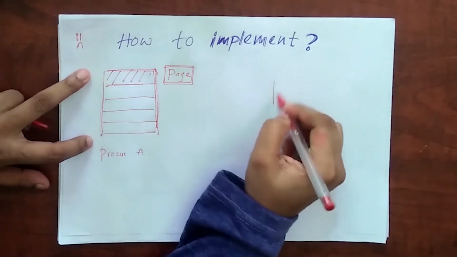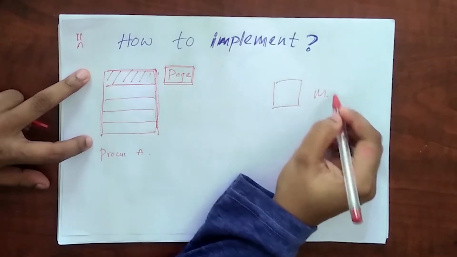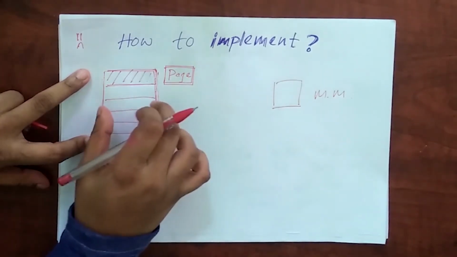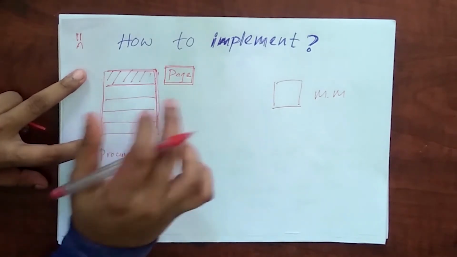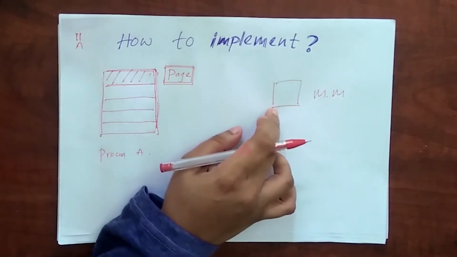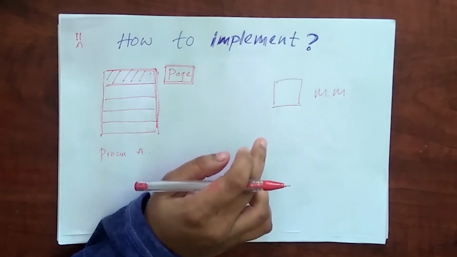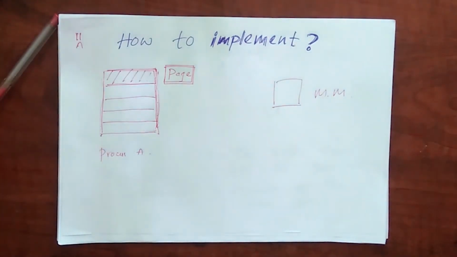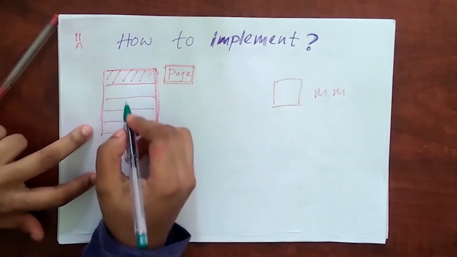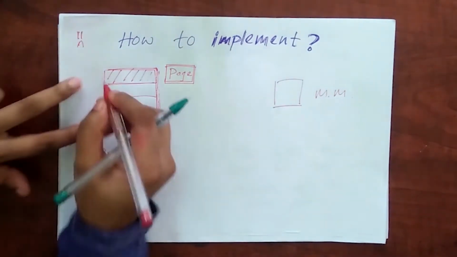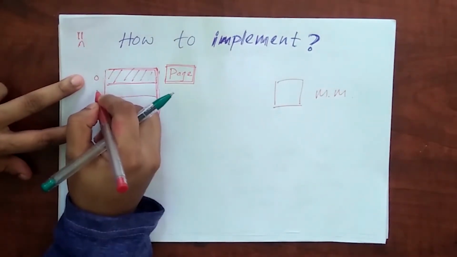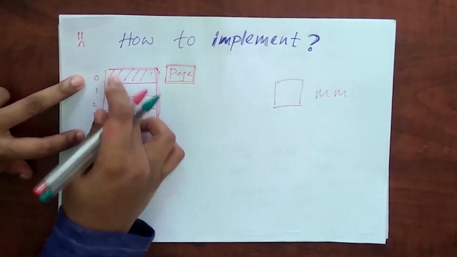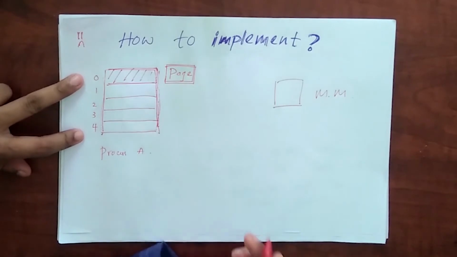So now what happens is, if the CPU needs a particular page, only that page will be loaded to the main memory, right? So let's take this process. Here the pages are 0, 1, 2, 3 and 4. That means this process has 5 pages. We start from 0.